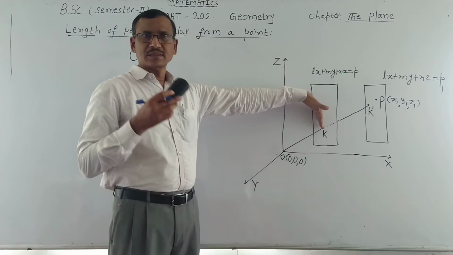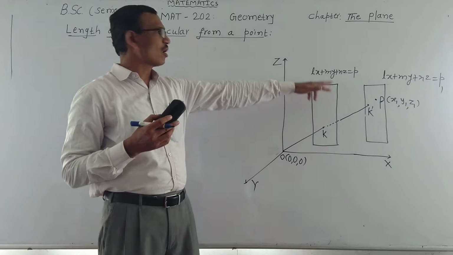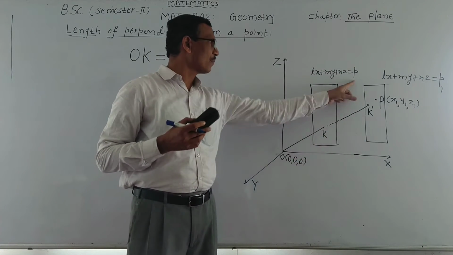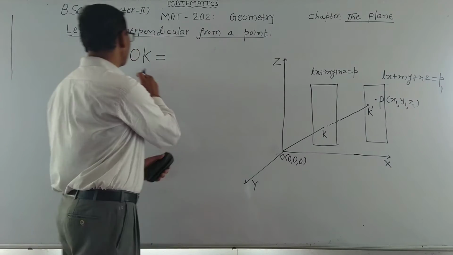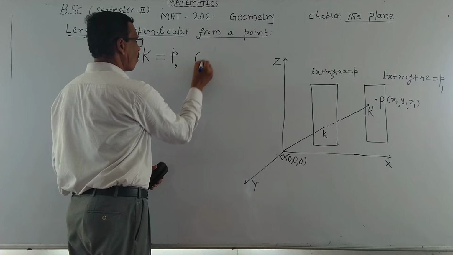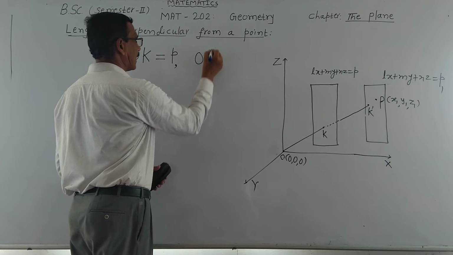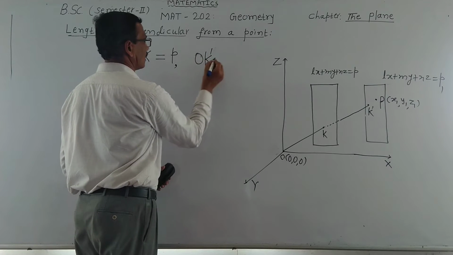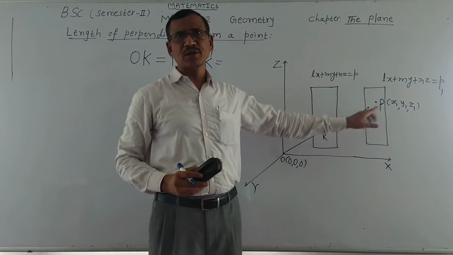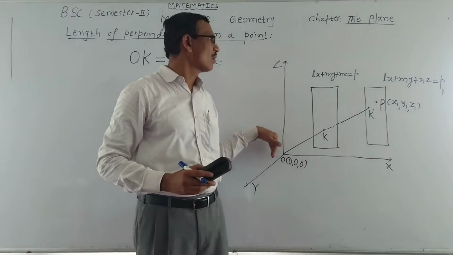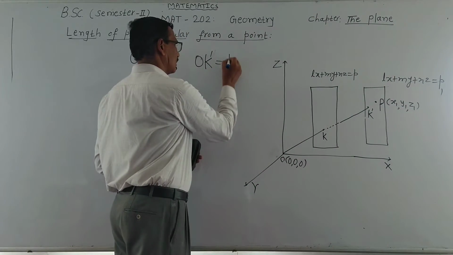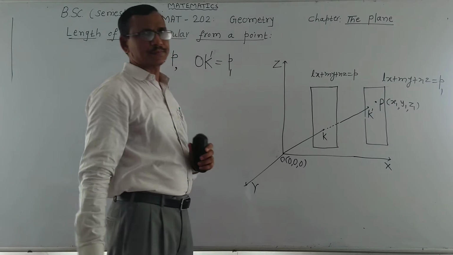Since the equation is given in normal form, small p is the distance OK. That means OK is equal to p. Similarly, OK dash is the perpendicular distance of the second plane from the origin, which by the equation of the plane is small p1.